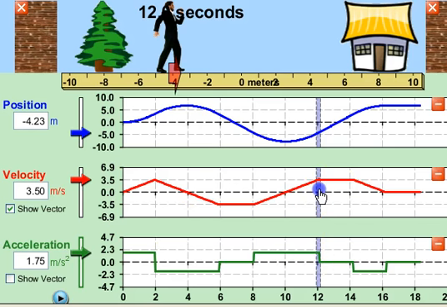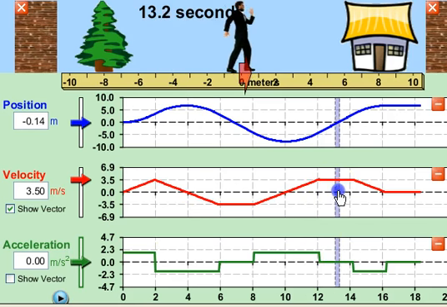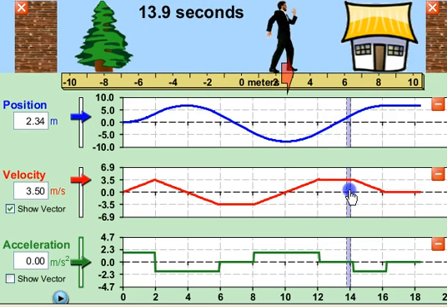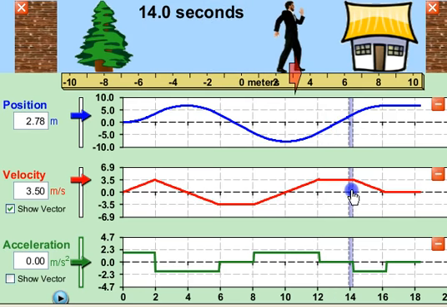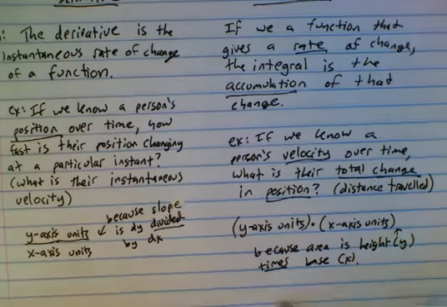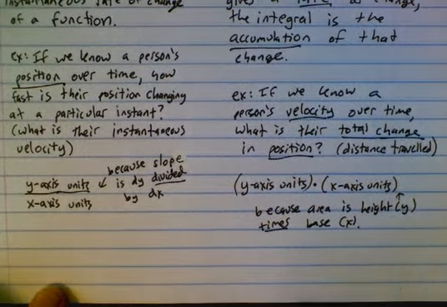And lo and behold, if we look at what his position is at 14 seconds, ta-da! He's gone an additional 7 meters. So the idea with the integral is that if we know this rate of change over how long that rate of change has been going on for, then that'll give us the total change up here on the position graph. You can see that the integral and the derivative are very tightly linked.